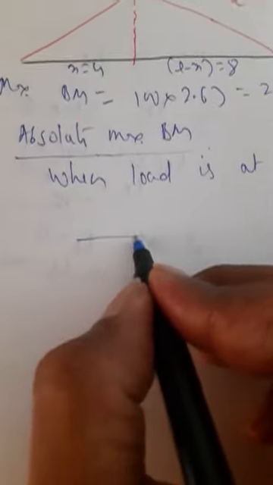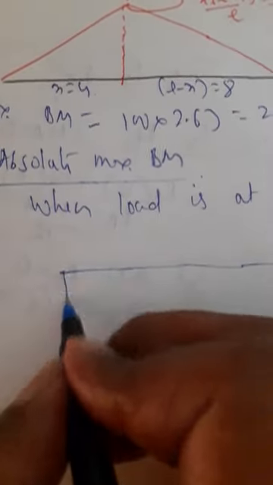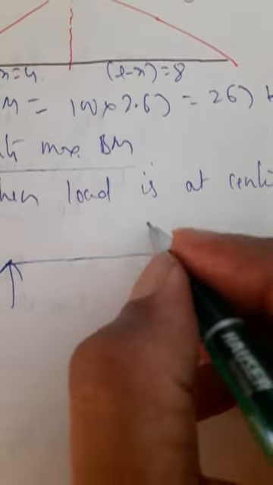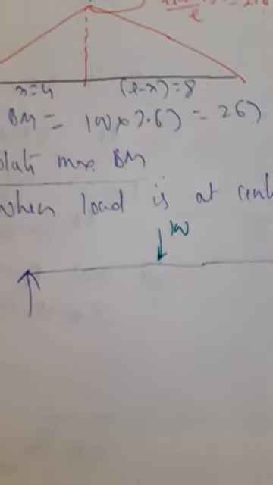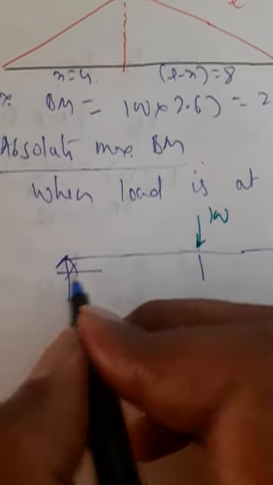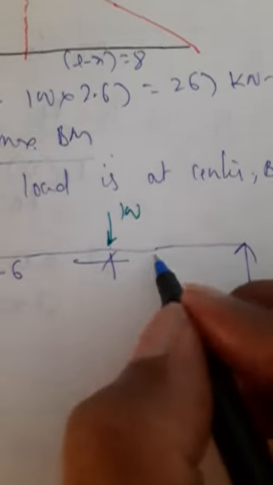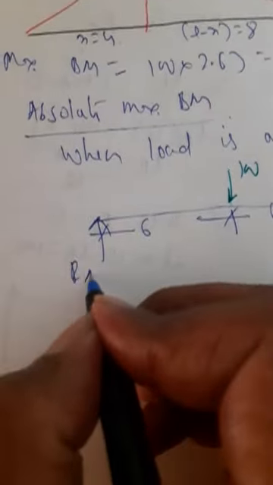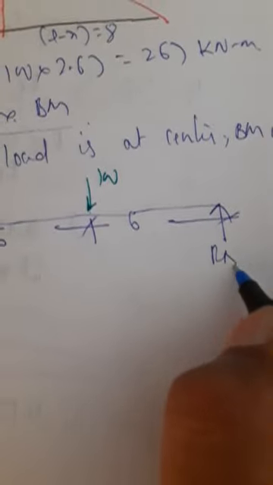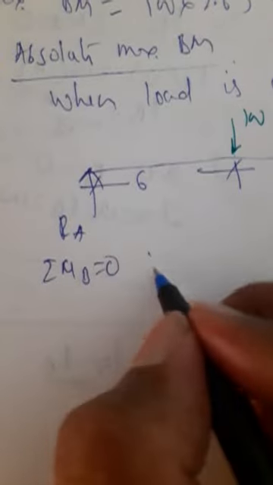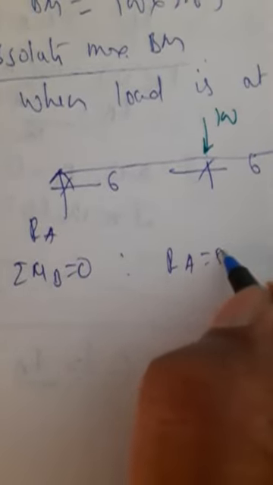So when load is at the center, say this is the load at center, 12 meters is total distance, so 6 and 6. When load is like this, bending moment is maximum. Let this be RA, RB. Summation of moments about B is equal to 0. You get RA is equal to 50.